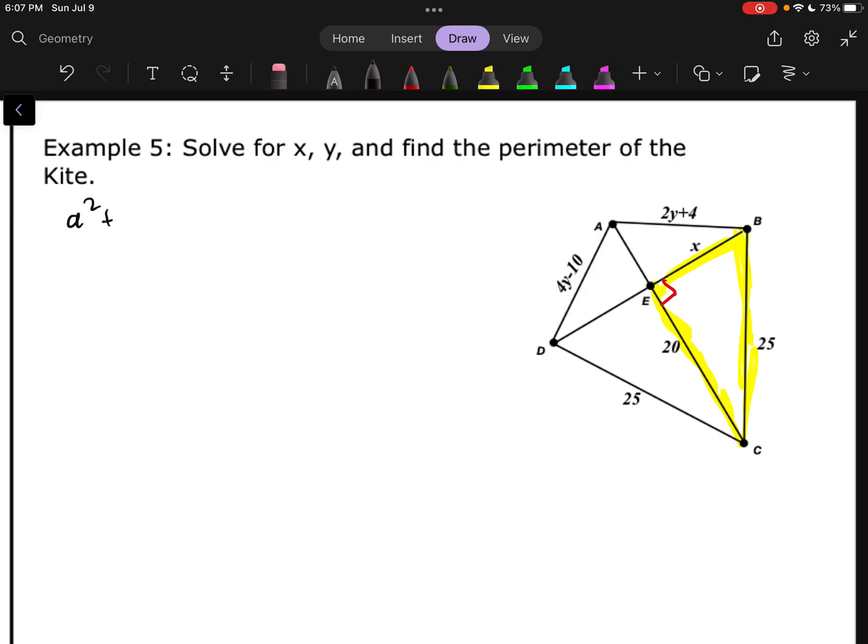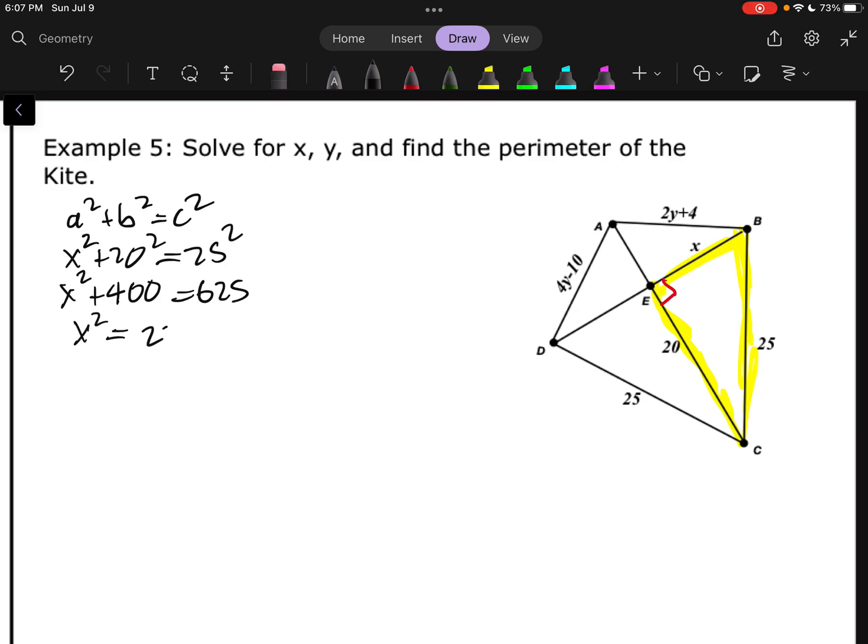I'm going to do a squared plus b squared equals c squared. That would be x squared plus 20 squared equals 25 squared. That's x squared plus 400 equals 625. If I subtract the 400, I get x squared is equal to 225. Take the square root of that, and I get 15. So x is 15.